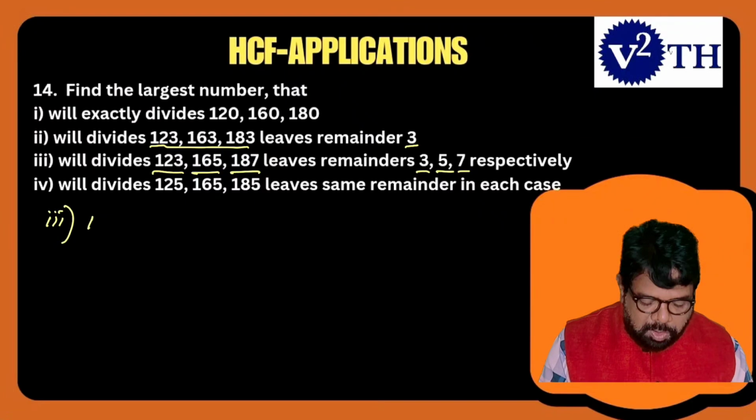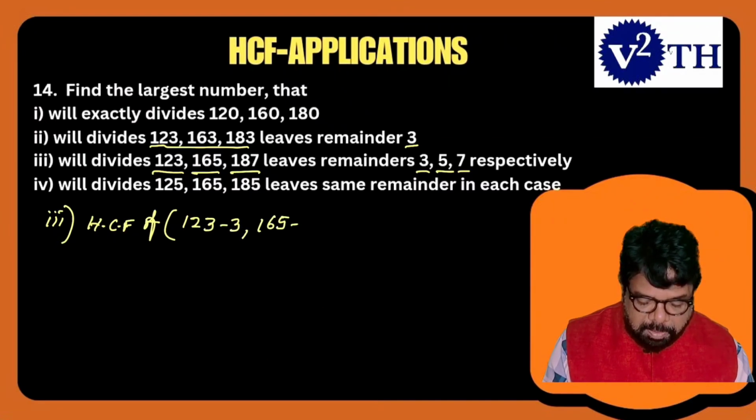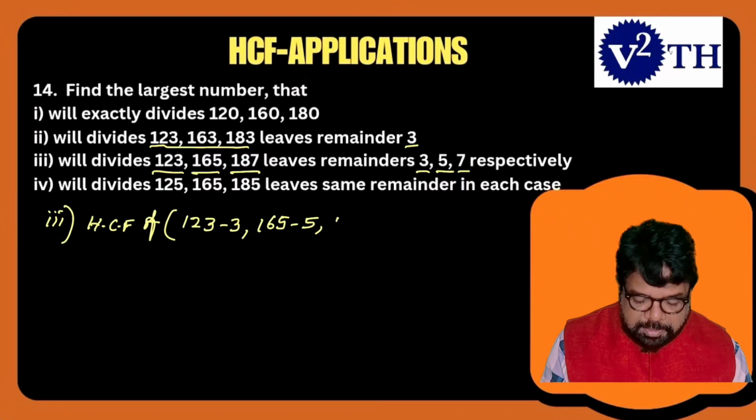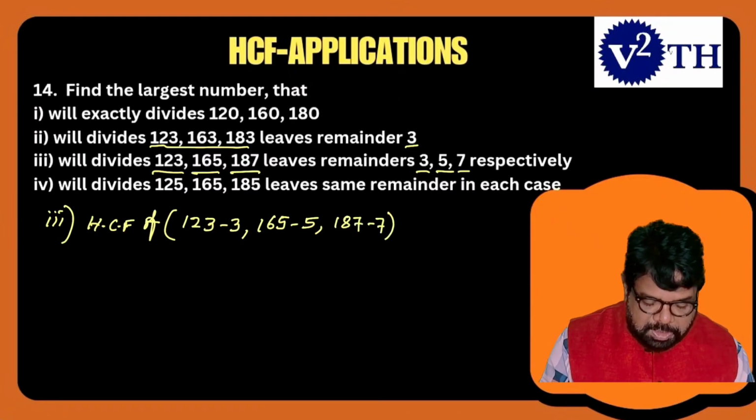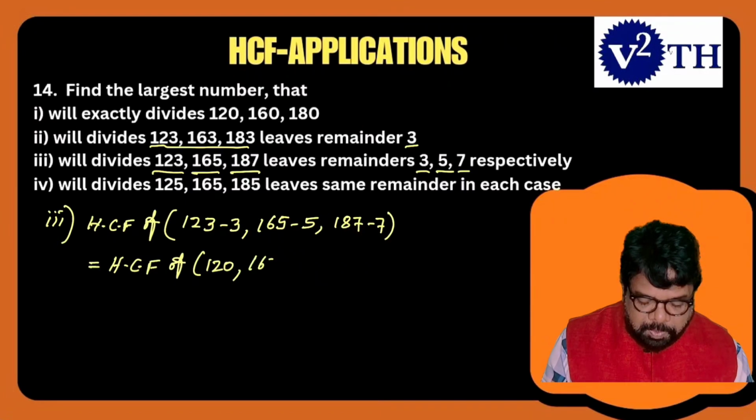Now, what is the number now? You have to calculate the HCF. So 123, remainder is 3, minus 3. Now 165, remainder is 5, minus 5. Now 187, remainder is 7. Okay. Now what is the HCF of again 120, 160, 180?